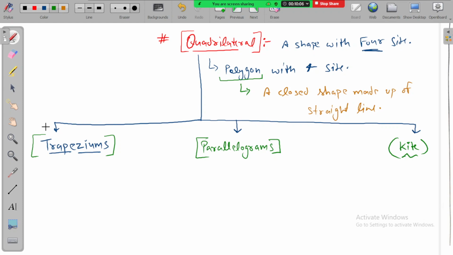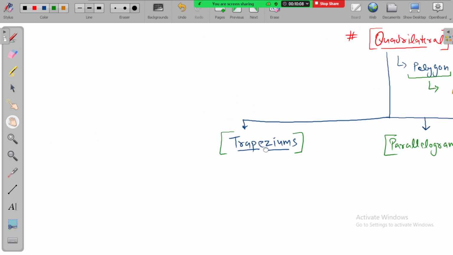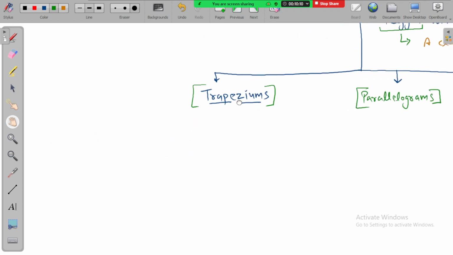For a trapezium, what do we have? Parallel lines. All the lines are parallel? Two lines. To which two? You have to specify. Top and bottom, the opposite pair. You have to say one pair of opposite sides is parallel.